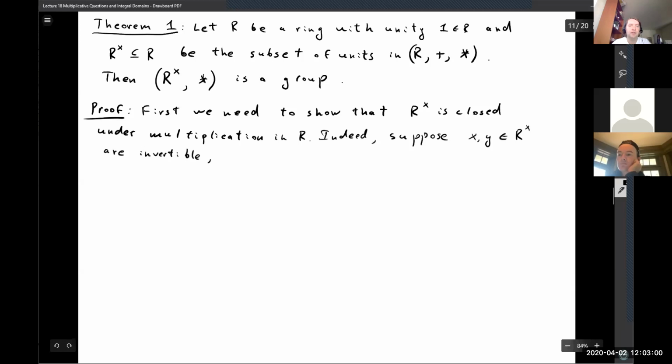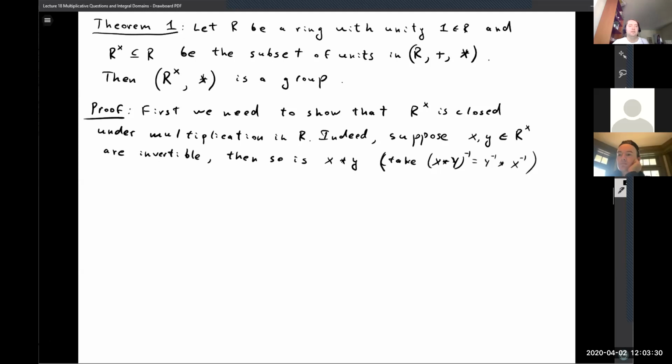Well, then so is x star y. So here just take the inverse of x star y to be the inverse of y multiplied by the inverse of x.